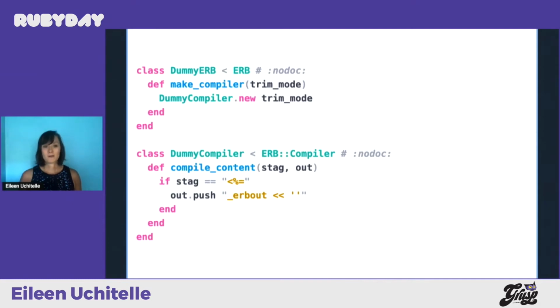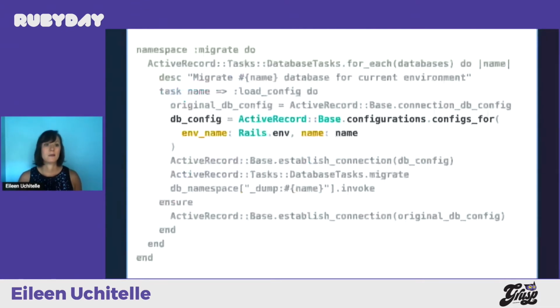This gives us database configurations that are absolutely not suitable to connect to your databases, but provides just enough information to have the environment name and configuration name available to generate the named tasks. Once we call load config, we can look up the real configuration objects because the environment will already be loaded. This lets us avoid a performance hit on generating the task names, but we still get everything we need for multiple databases.